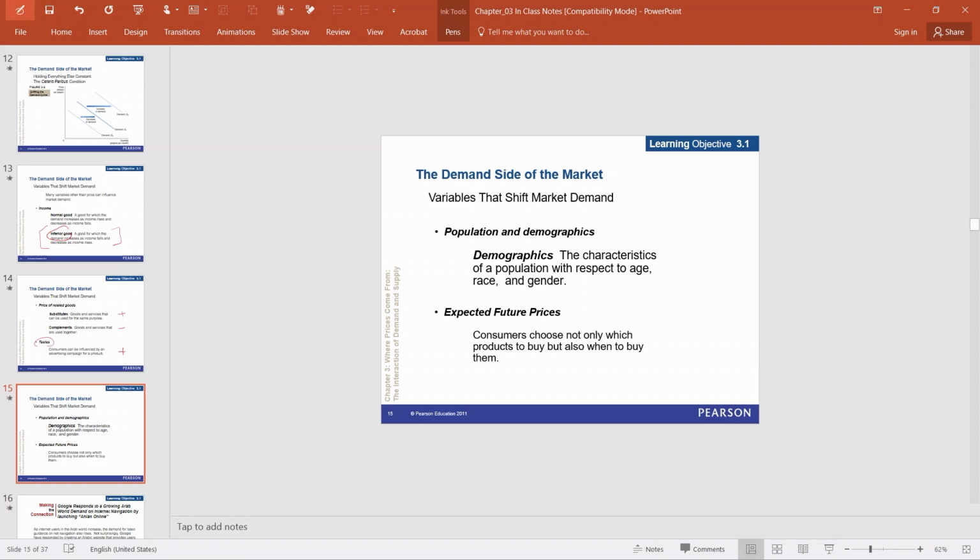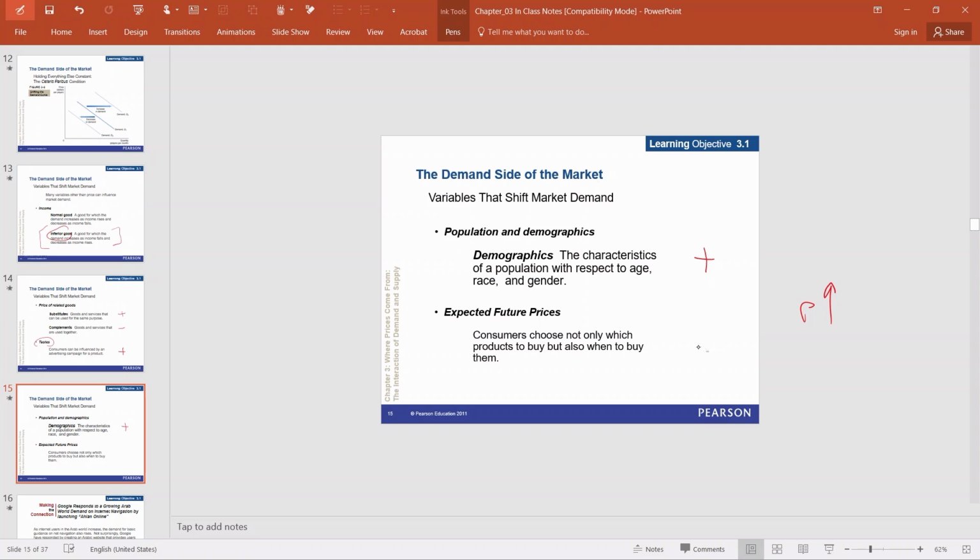More population means more demand. Future prices: when you expect that prices in the future will increase, you are better off demanding more quantities today. So it's a positive relationship.